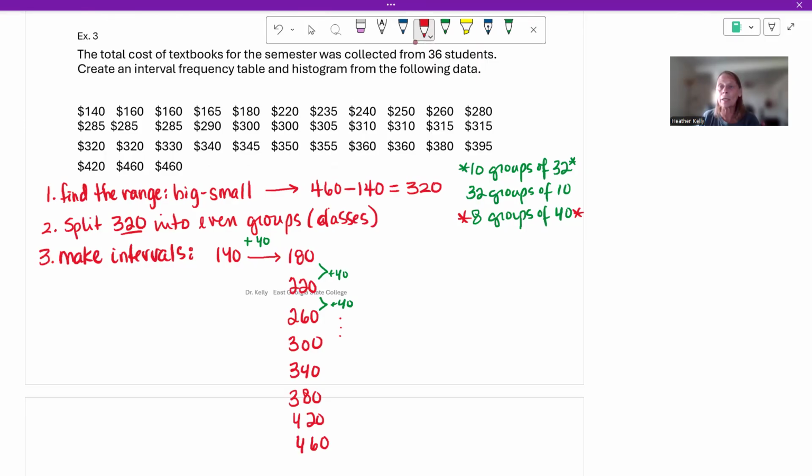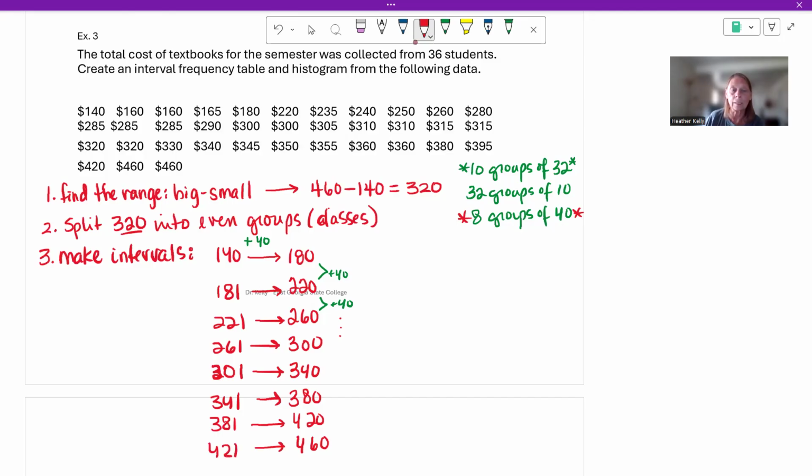And then we have to pick up with the very next number here. So if we stop this interval at 180, then this one needs to pick up at 181 to 220, 221 to 260, 261 to 300, 301 to 340, 341 to 380, 381 to 420, and 421 to 460.